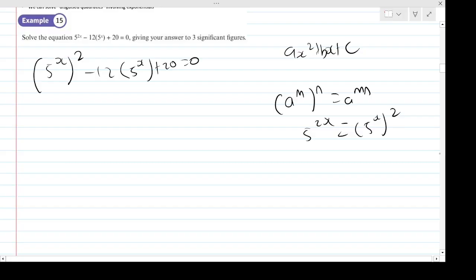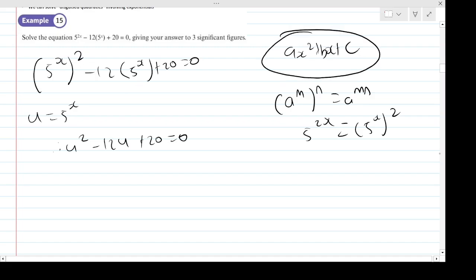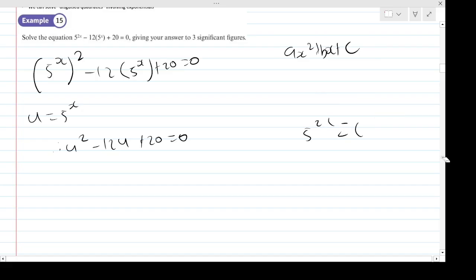So with that in mind, hopefully it's a lot more apparent now. This is a quadratic in 5 to the x. So if I say that u is 5 to the x, then 5 to the x squared is going to be u squared, and then 5 to the x is u, so minus 12 lots of u, add 20 equals 0. Now we're in the explicit quadratic form. So it is a quadratic, we've got it into one.